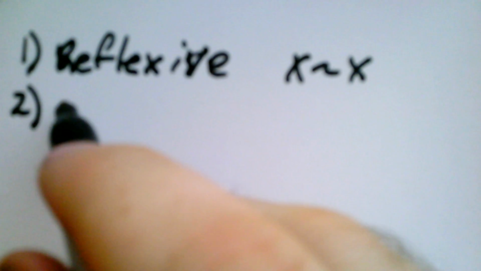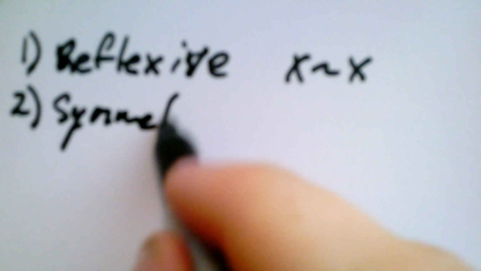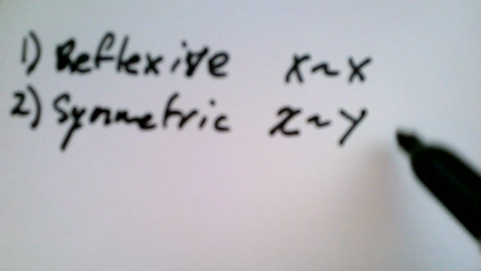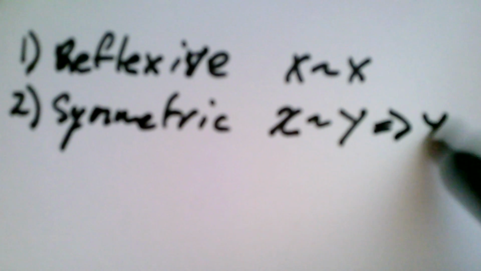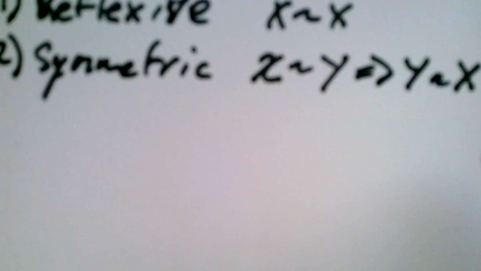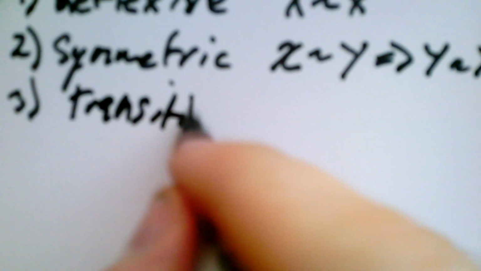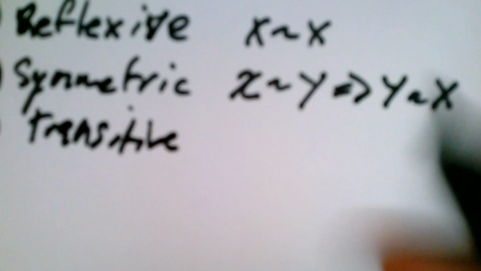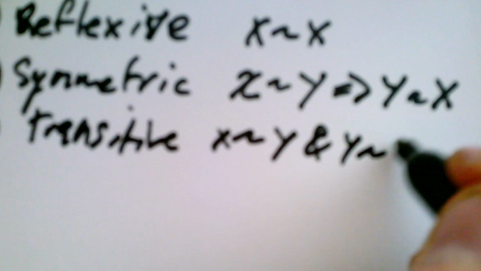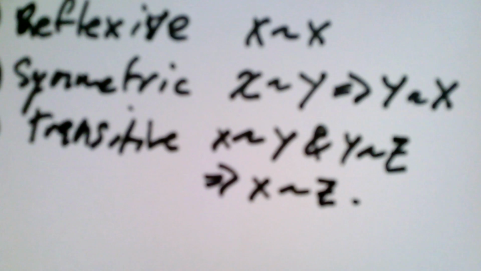Two, we want symmetric, which means that if X is almost homeomorphic to Y, then Y is almost homeomorphic to X. And we want transitivity. That means that X related to Y and Y related to Z implies X related to Z.